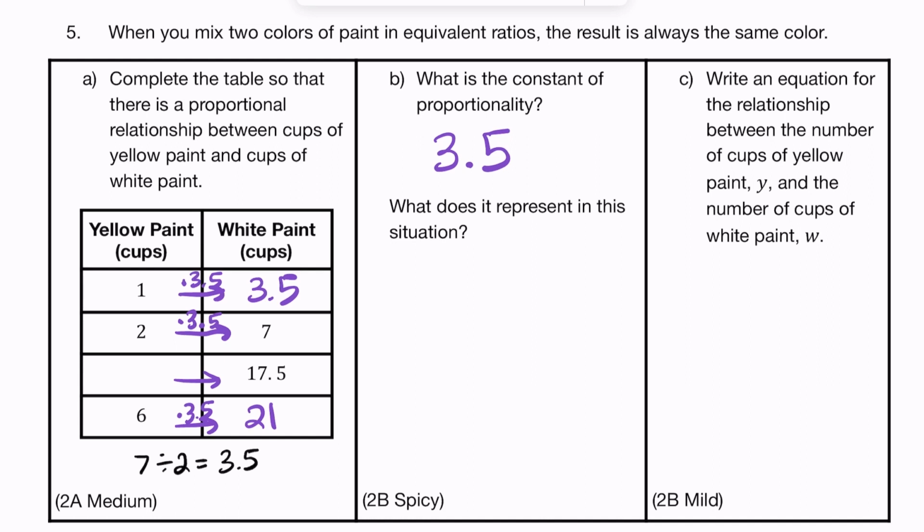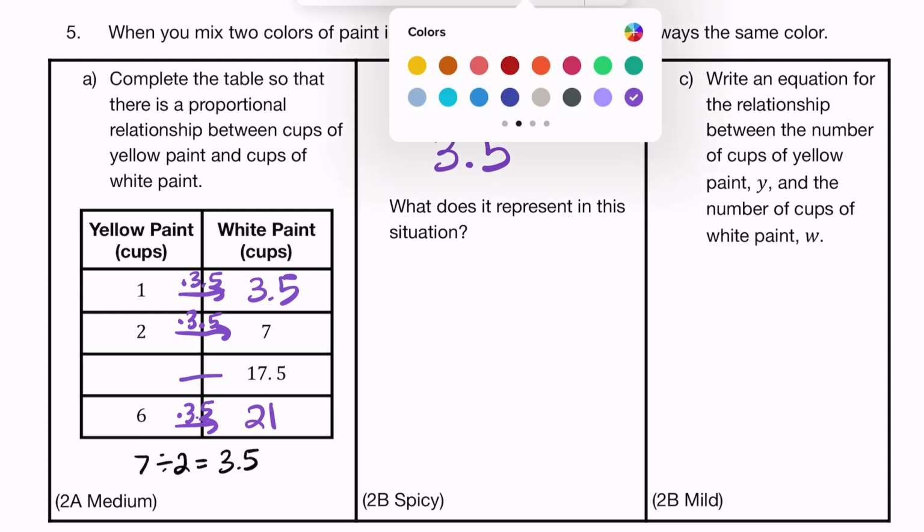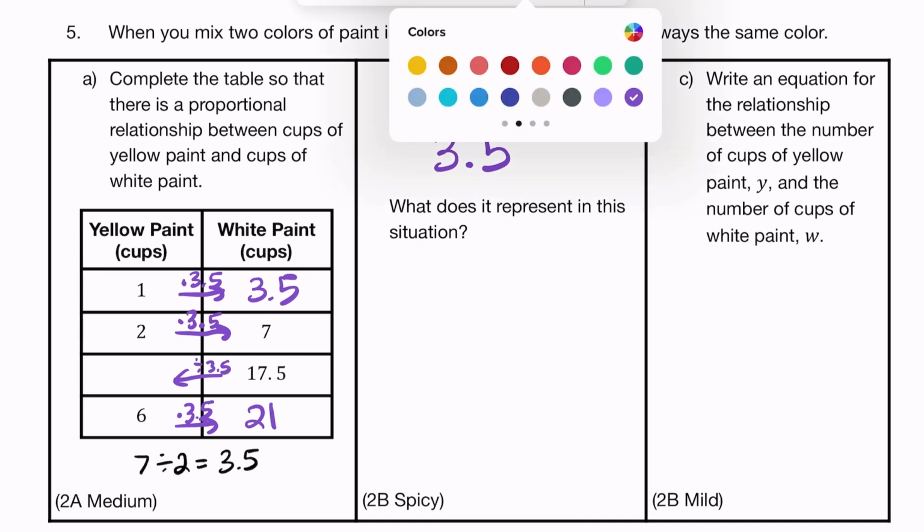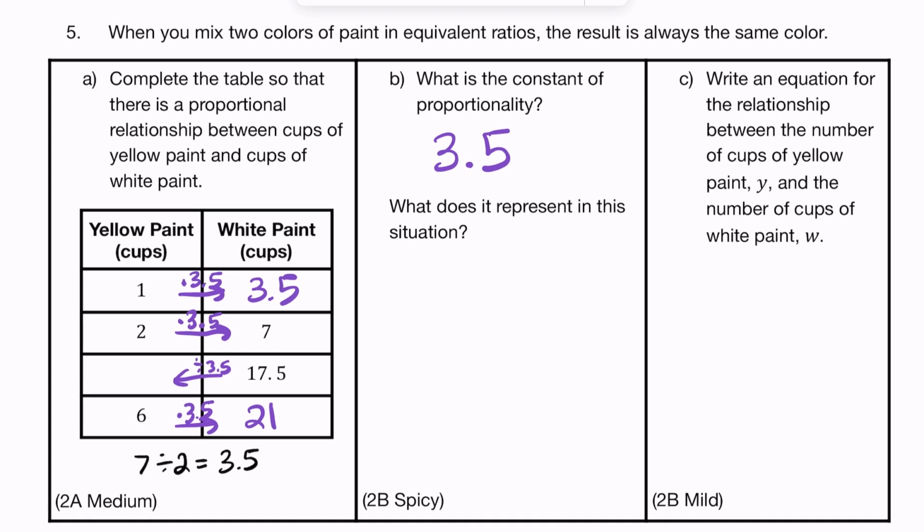And if we want to figure it out in this direction, we're trying to figure out what number times 3.5 equals 17.5. So we can flip it and go in the other direction. 17.5 divided by 3.5 is going to be 5. So we use the constant of proportionality to complete the table. The constant of proportionality is 3.5.